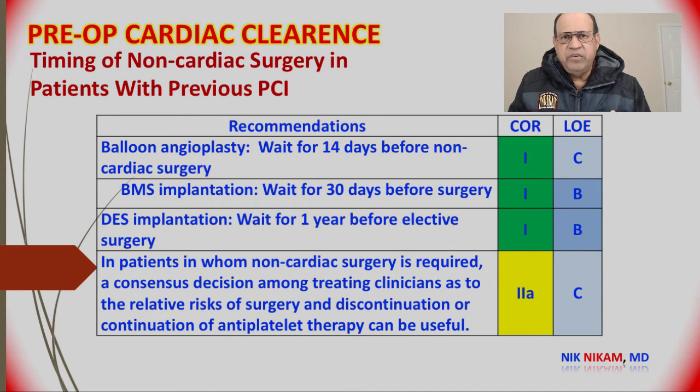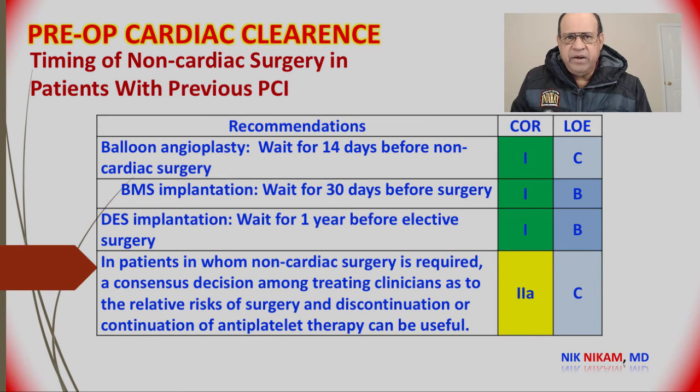But these patients are on dual antiplatelet agents such as aspirin and Plavix, or aspirin and Eliquis, or any other medications. So how do we deal with these patients? This is an exceedingly important point to focus our attention.